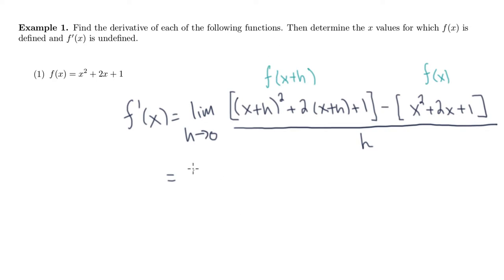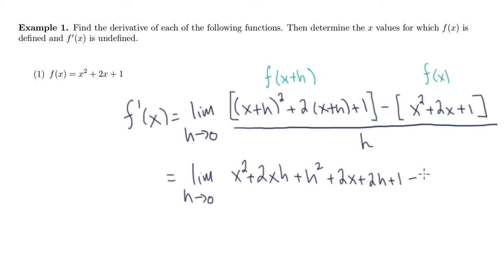So we're taking the limit as h goes to 0 of what? We have x squared plus 2xh plus h squared. I got that just from expanding (x plus h) squared, plus 2x plus 2h plus 1 minus x squared.